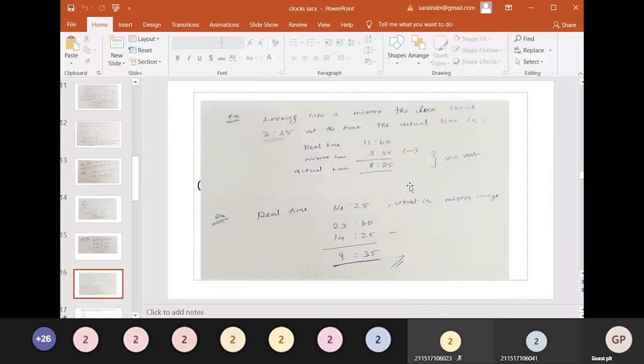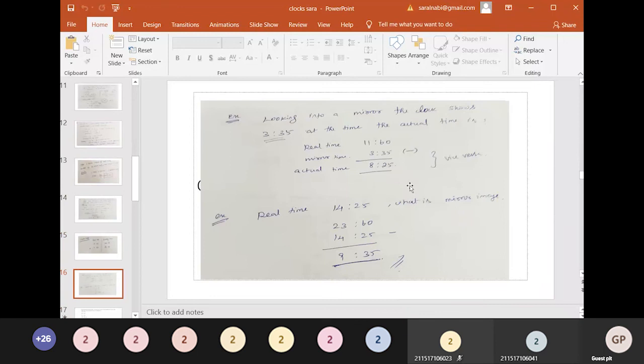Now I can show a question based on the fourth concept. Looking into a mirror, the clock shows 3:35. The actual time is what? So in the mirror it shows 3:35.